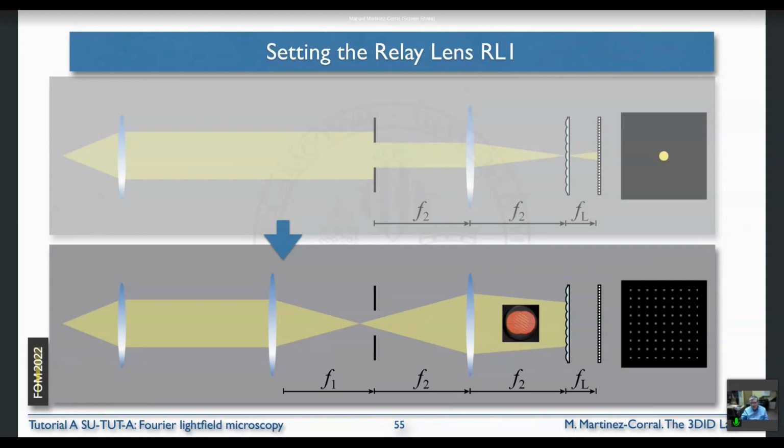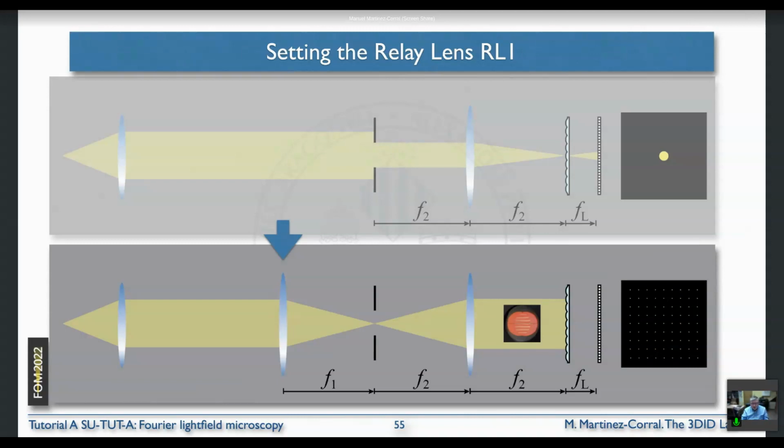We can put here the shear plate. On the one hand, when the relay lens is in the proper place, we have horizontal lines in the shear plate, and we have sharp images here. Okay, bad position and good position.